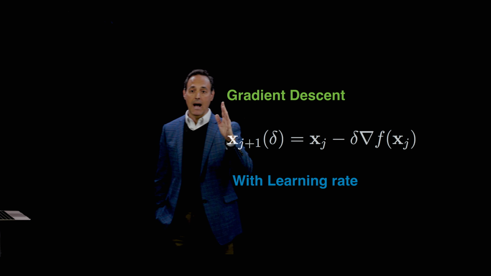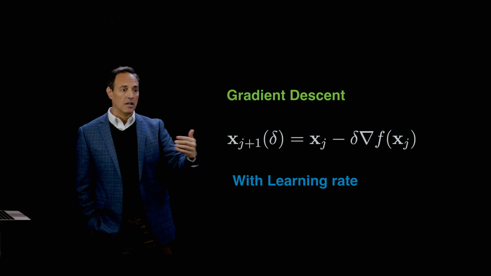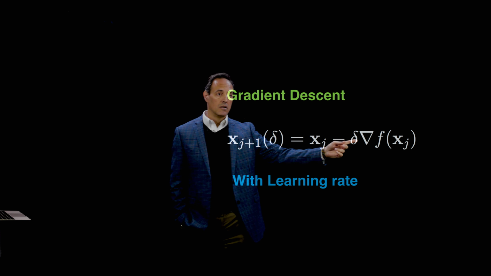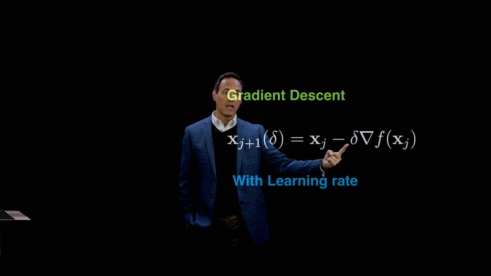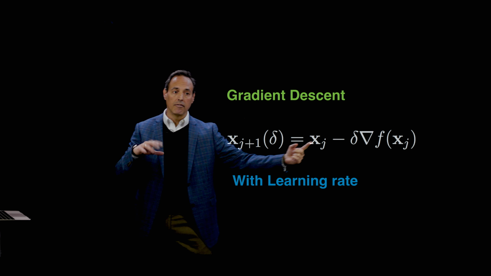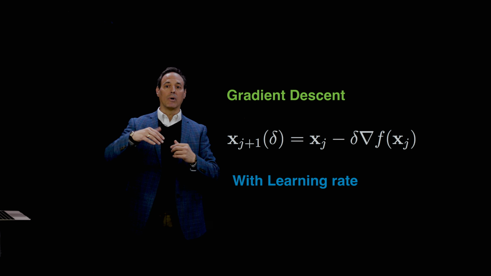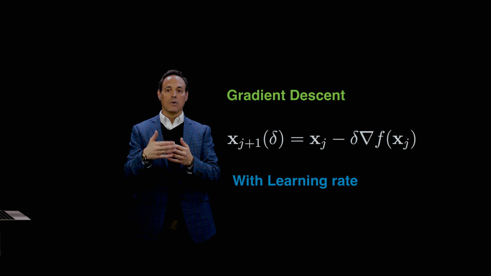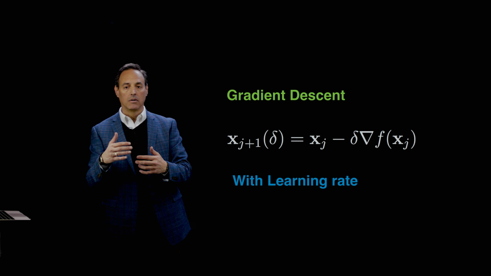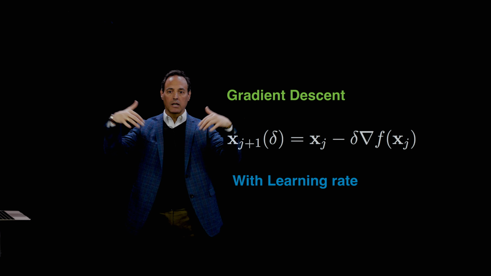So if f is my map that takes me from an input to an output, then what I want to do is take the gradient of this map over those x of j, and then update it with some parameterization delta. Now, delta itself is what's often called the learning rate. So this is how much of a step in the direction of this gradient do you want to take to update your solution, okay? So gradient descent methods are basically trying to walk downhill.